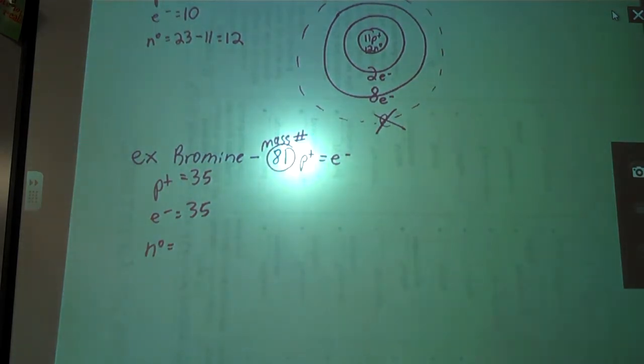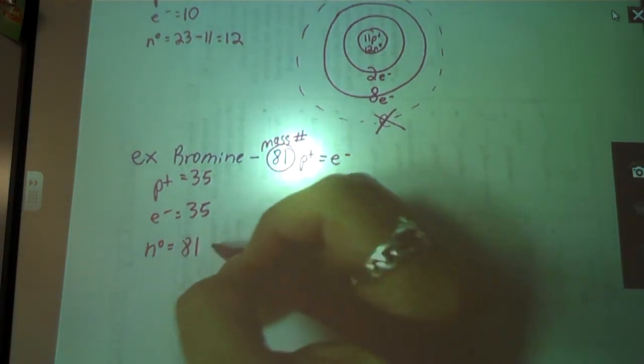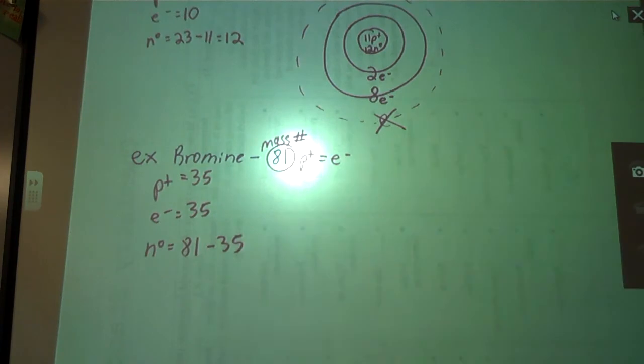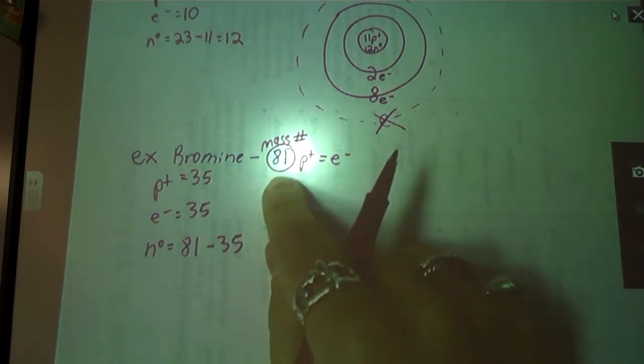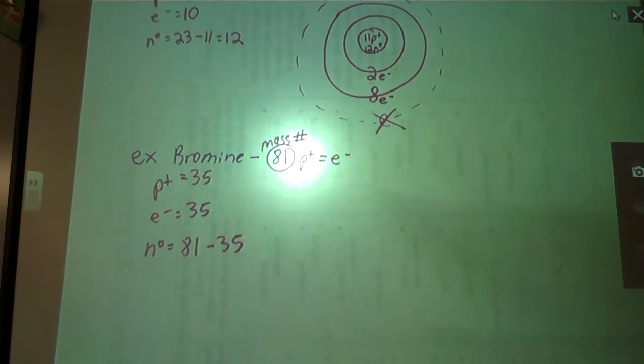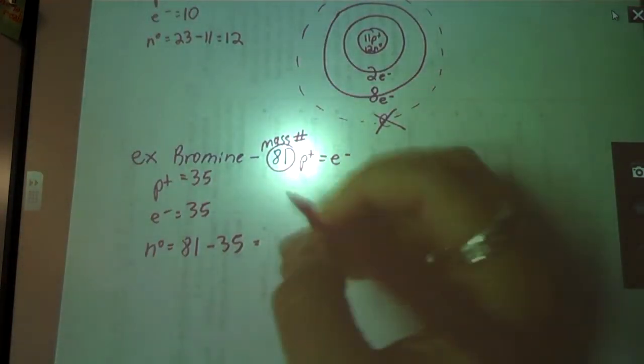So in order to find neutrons, mass number minus proton number is always going to give you that number of neutrons. The only difference in this situation is the fact that they gave you a specific mass number instead of you having to take it off of the periodic table.